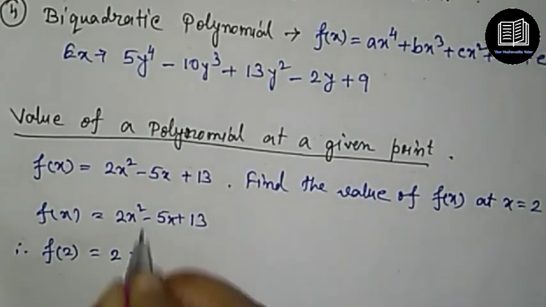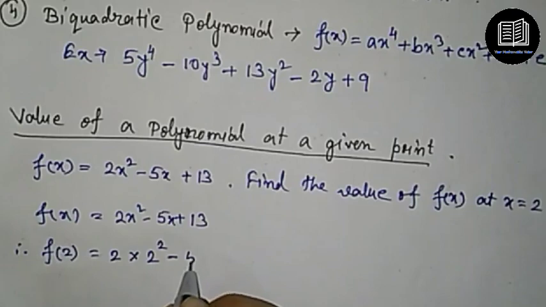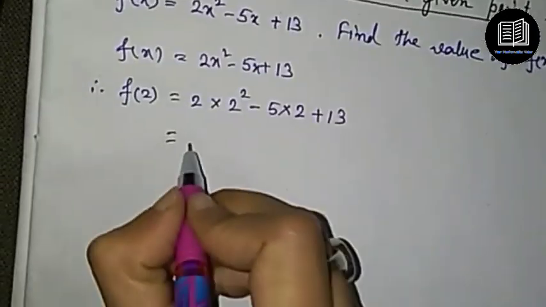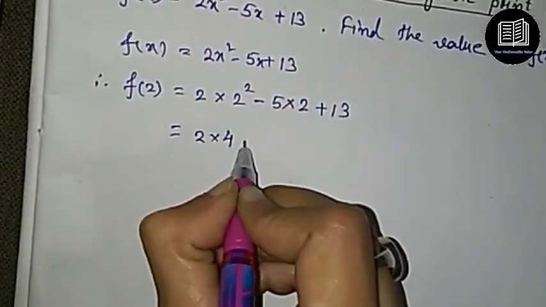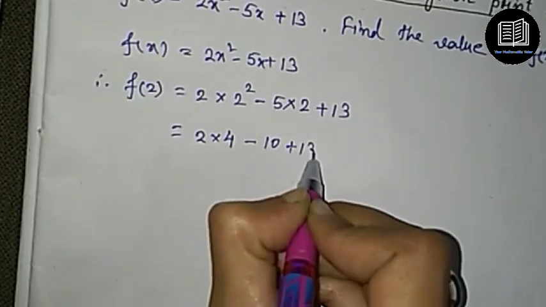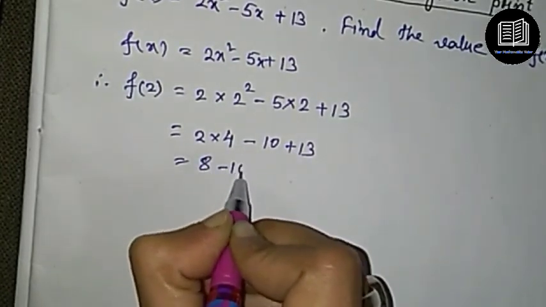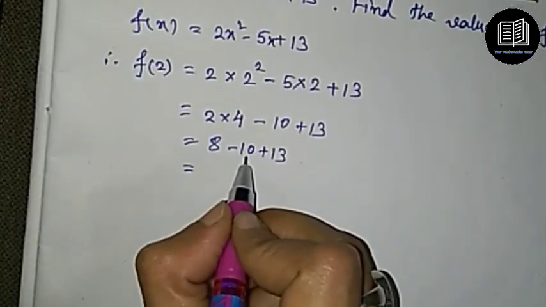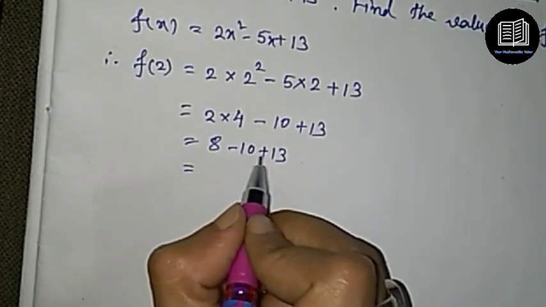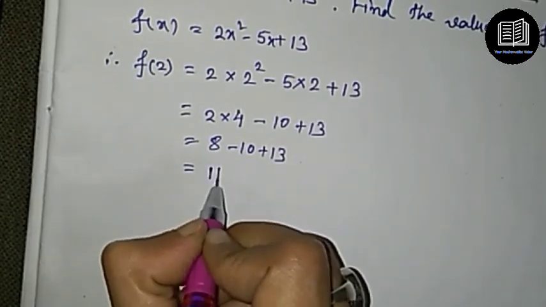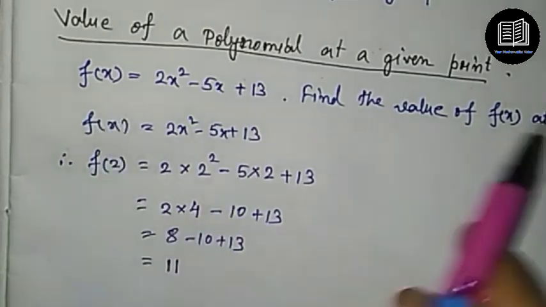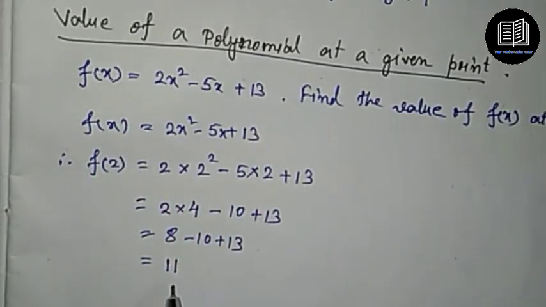That is 2 into x square means 2 square, minus 5 into x means 2, plus 13. 2 into 2 square means 4, so 2 fours are 8, minus 5 twos are 10, plus 13. Now add and subtract: 8 minus 10 means minus 2. Minus 2 plus 13, that is 11. So the value of f(x) at x equals 2 is 11.